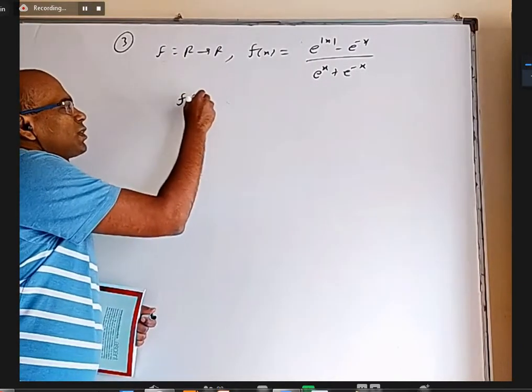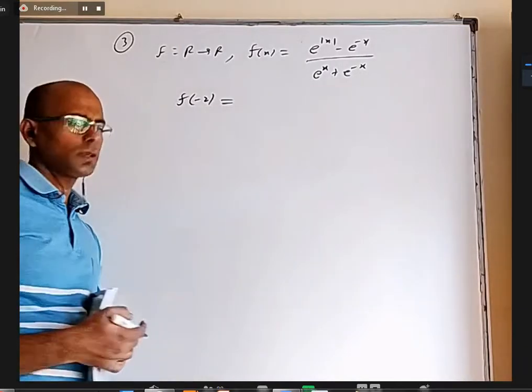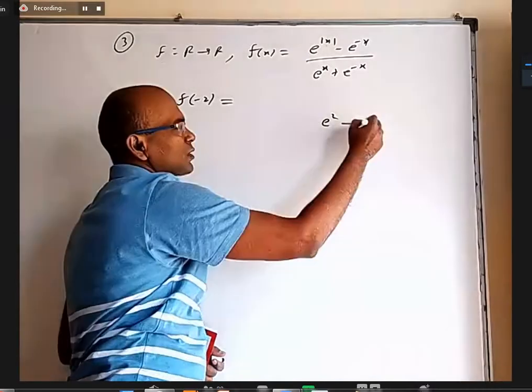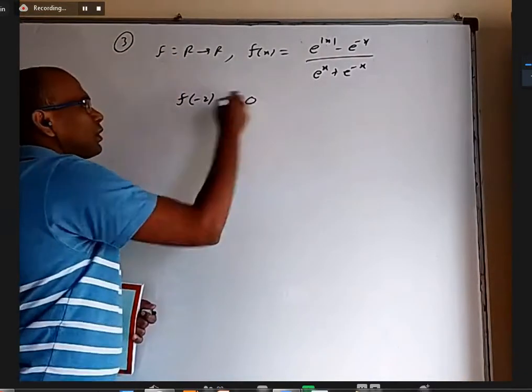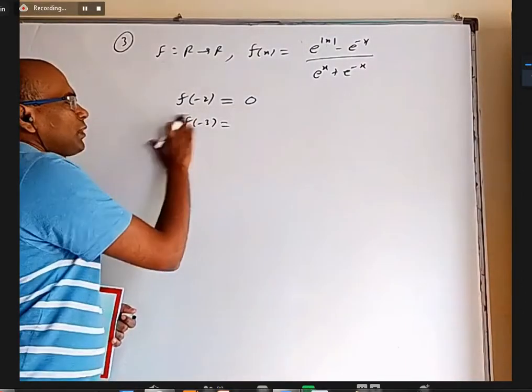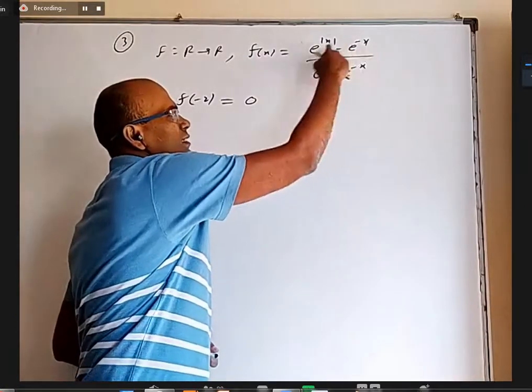Anybody want to tell me what is f of minus 2? Answer here will be 0. When you put minus 2, it will be e square. E power minus of minus 2 is also e square. So it will be 0. What about f of minus 3? 0. For any negative number, it is 0 because for negative numbers mod x is minus x. This and this are same.